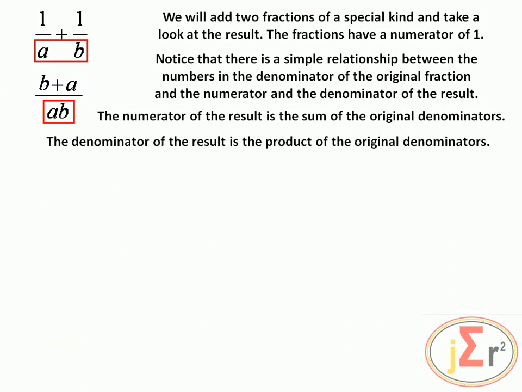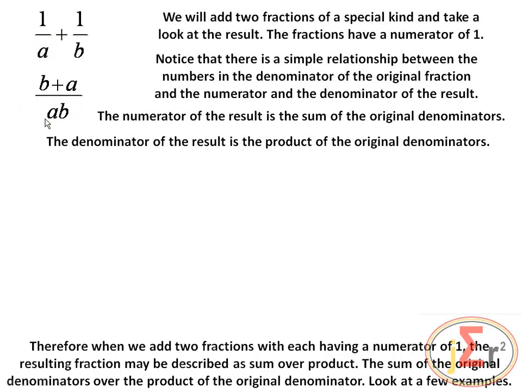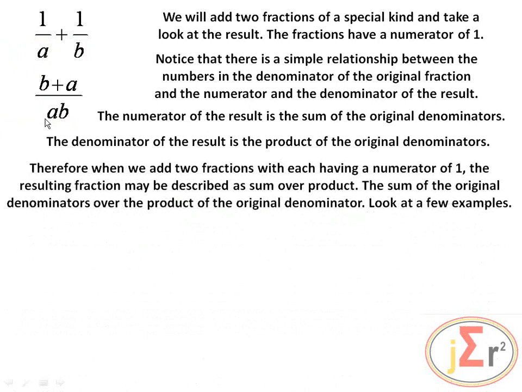The denominator of the result is the product of the original denominators. Therefore, when we add two fractions with each having a numerator of 1, the resulting fraction may be described as sum over product.